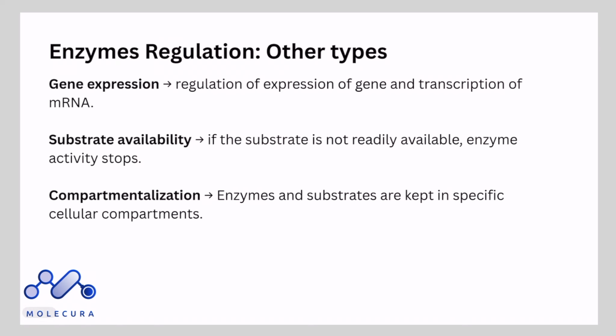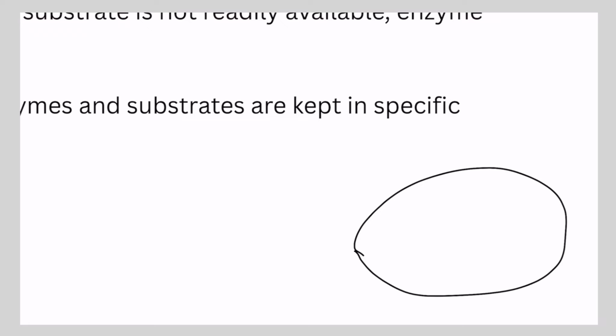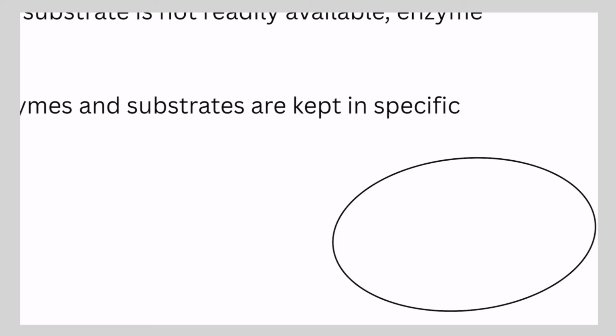Other types of enzyme regulations which we are going to talk about when we are going through metabolism. So the first one that we're going to talk about is gene expression. As we know, enzymes are made of proteins, and inside the cell, this is our cell, you're going to have a nucleus. Your nucleus is going to have DNA in it.